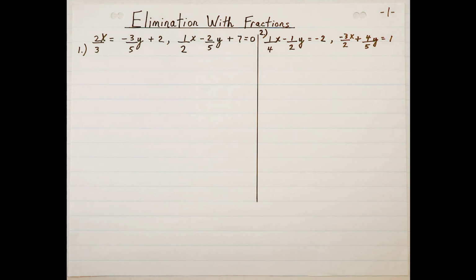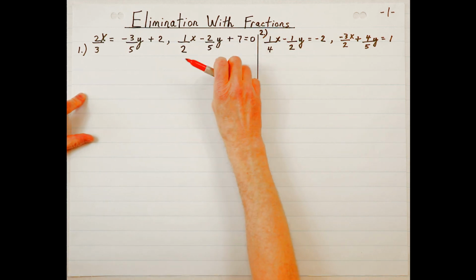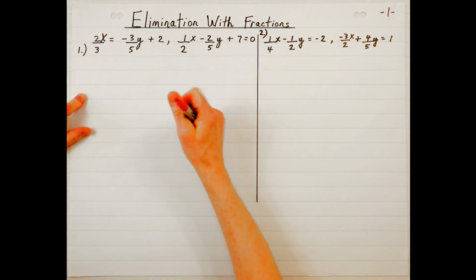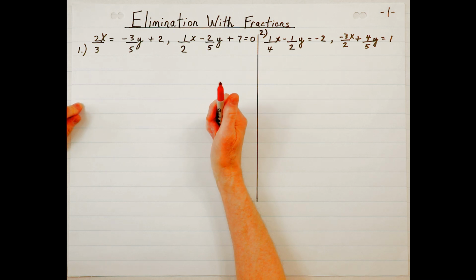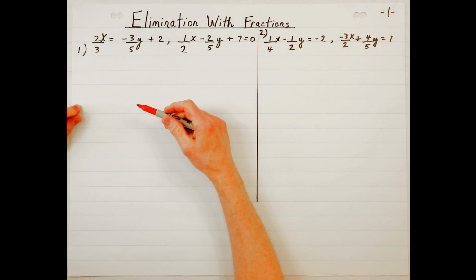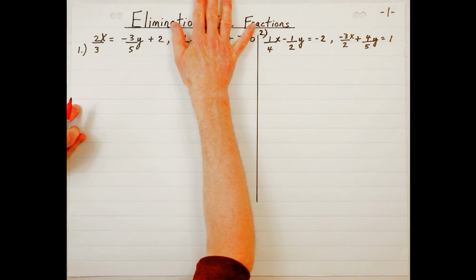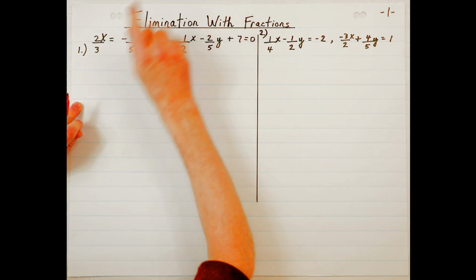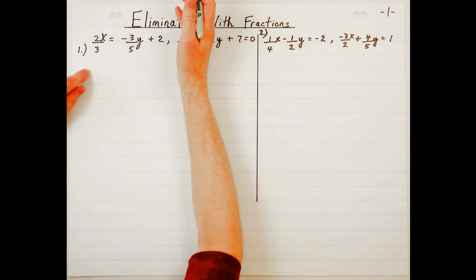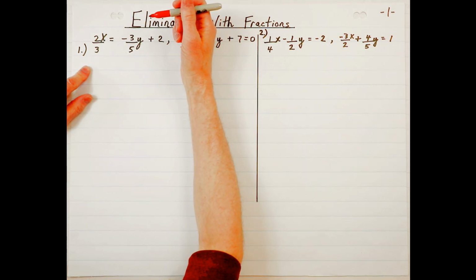Okay, so let's start with number 1 right here. And we'll worry about the order of them later, but for now, let's just get rid of the fractions. So forget about the second equation now. We have to deal with them individually. So do you remember the steps?